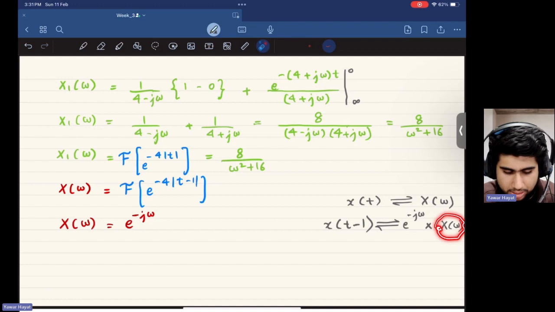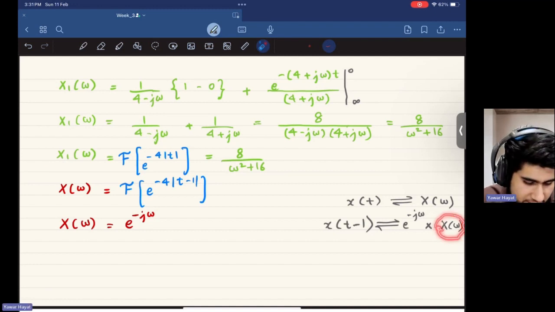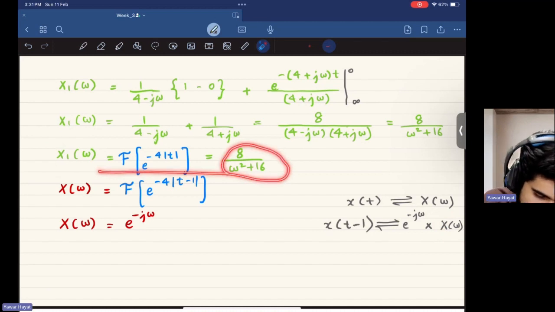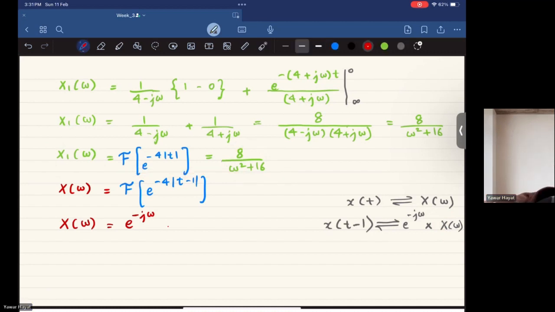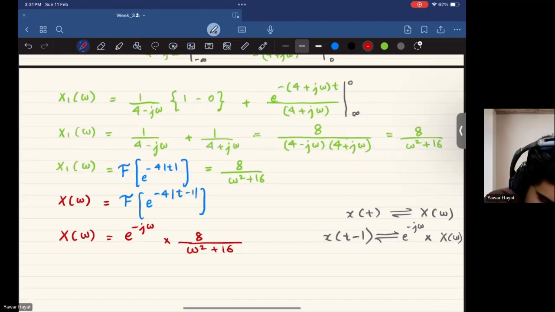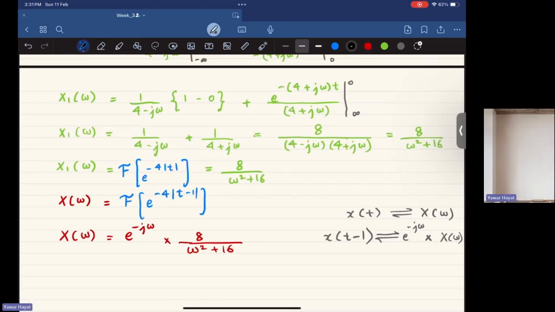In our case, the signal that is not shifted is this X1 of omega, right? So we'll write this 8 whole divided by omega square plus 16. Right, this is the answer.